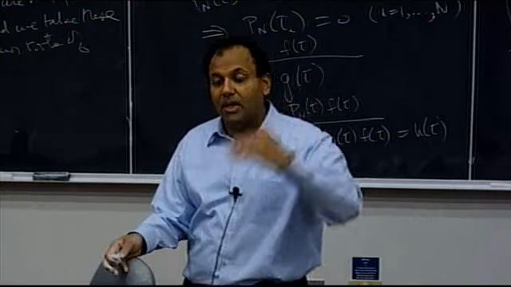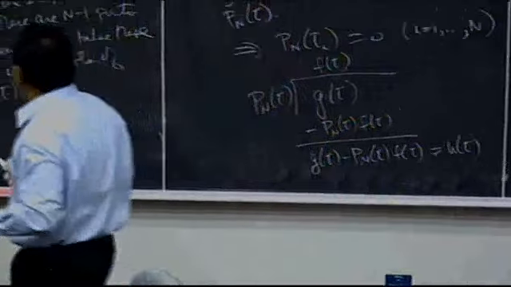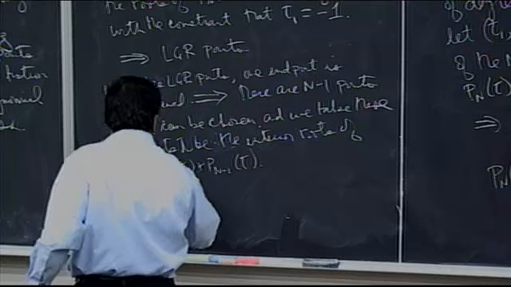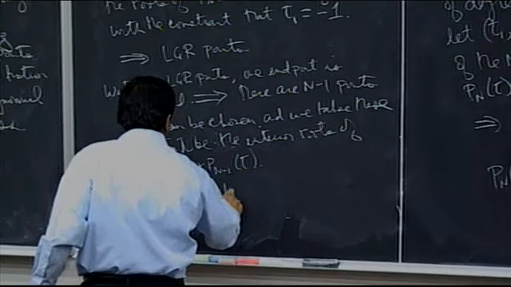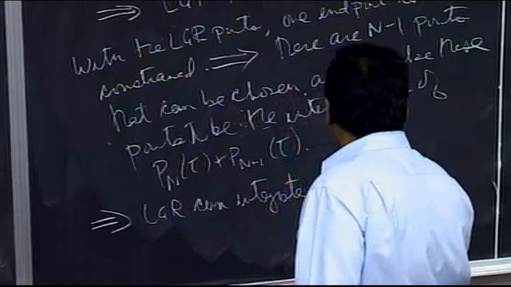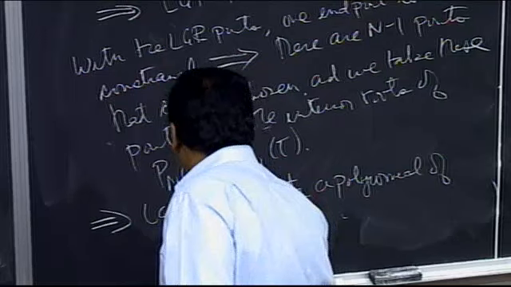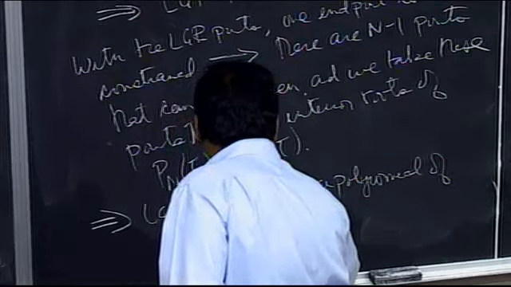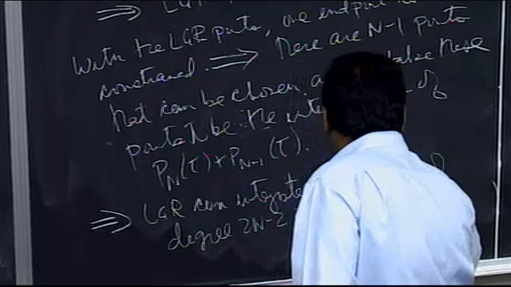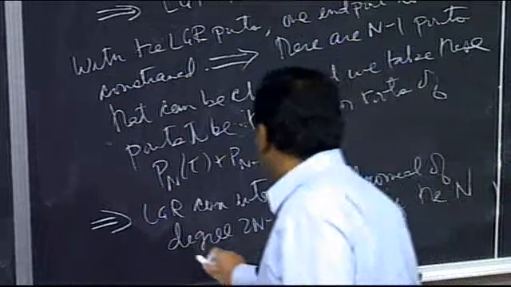So I've eliminated 1 degree of freedom, so I eliminate 1 degree in the accuracy, which means that LGR can integrate a polynomial of degree 2n minus 2 or less using the n LGR points.